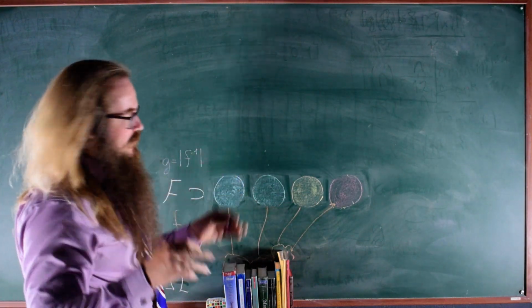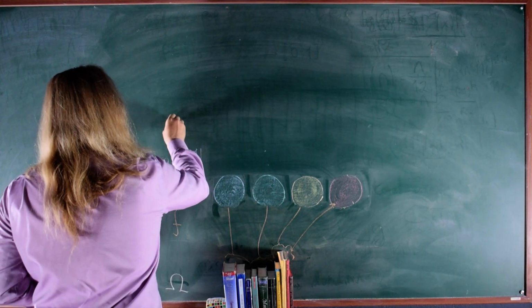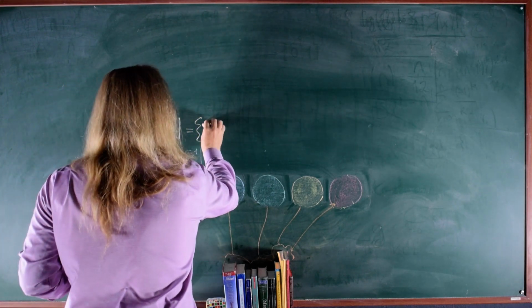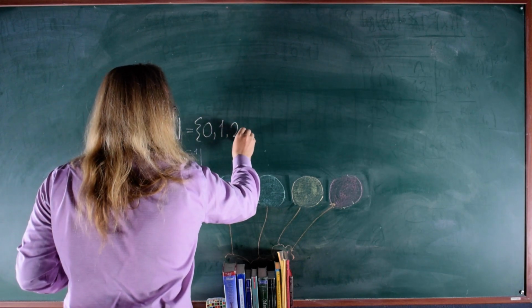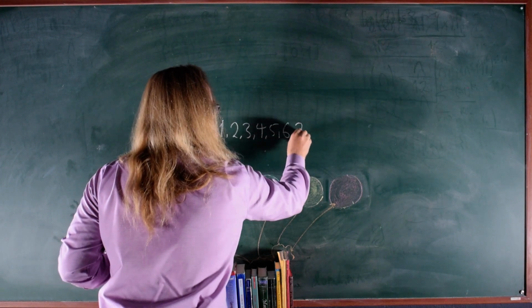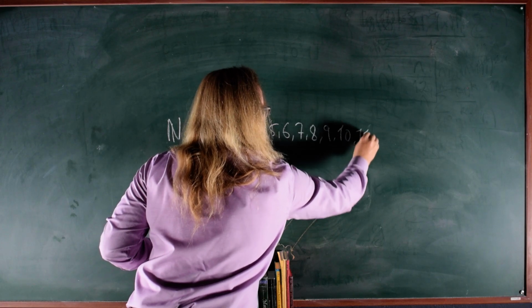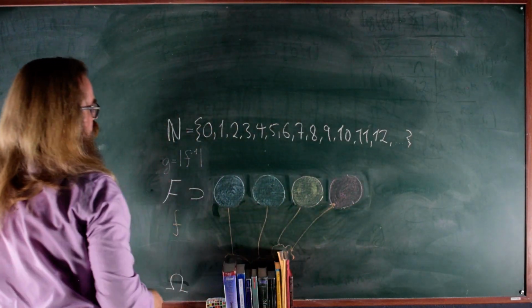Well, what we have is the natural numbers. Those are the counting numbers. Some people don't like starting from 0, but I do. I always start from 0. So 0, 1, 2, 3, 4, 5, 6, 7, 8, 9, 10, 11, and 12, and so forth. The reason I went to 12 is because I have 12 books here.